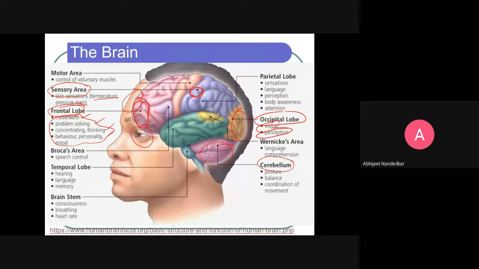So the eye is the only part of your brain which you can see physically from outside. Remember, your eye is also part of your brain, which is the only visible thing. Other parts of your brain are not visible. So from here to here, there are many connections.